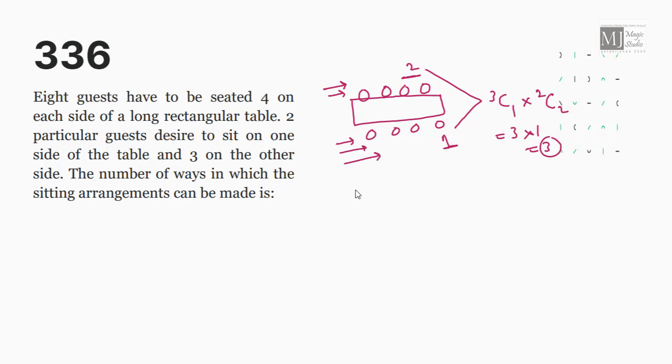So the total number of sitting arrangements would be 3 for the choices which I need to make, into factorial 4 for arrangement on one side and factorial 4 for arrangement on the other side. 4 people on 4 chairs can be placed in 4P4 ways, that is factorial 4. That accounts to 3 into 24 into 24. 3 into 576 is 1728.